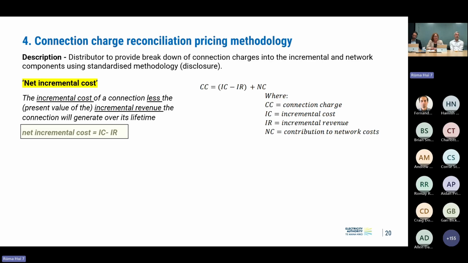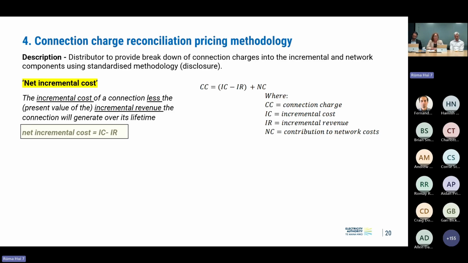The reconciliation will need to be based on a standard methodology to assess the incremental cost and incremental revenue. We are also proposing that this information is made available to the authority on request on an aggregate basis.